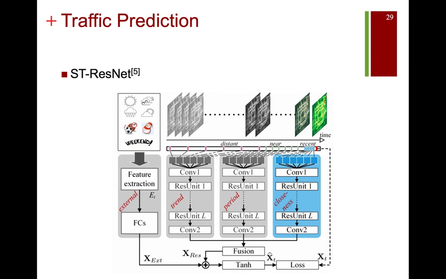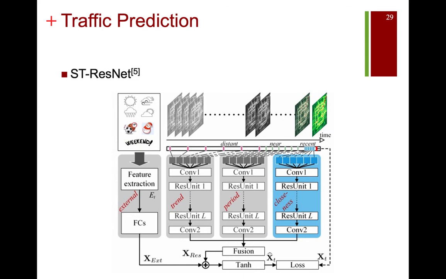And then the historical data are fed into three different ResNet models. The intuition of each ResNet model is that it can capture the spatial and temporal dependence from some nearby regions and then infer the prediction results.